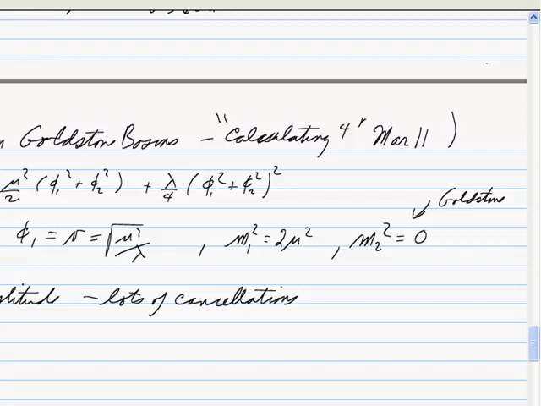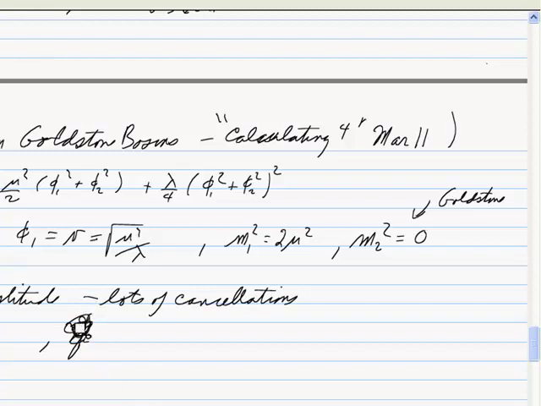We can just take the heavy field, which is phi 1, phi 2 is the light field, so phi 1 is our chi.